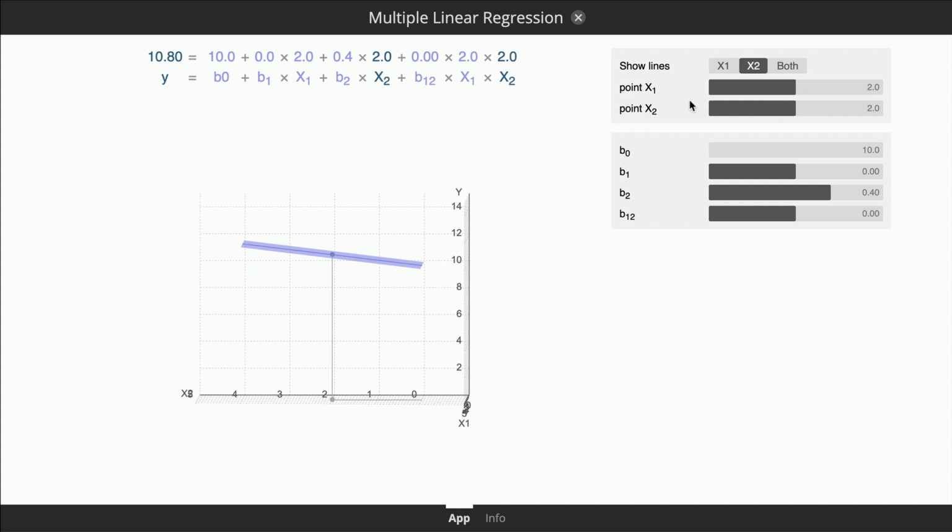What happens if I change x2 from 2 to 3? Let me do that. So let's remember that this is 10.8, right? Now I increase x2 by 1, so now it's 3. And then you can see that this is exactly 0.4 larger, and 0.4 is the regression coefficient for x2, right? So this is the contribution for x2. So it means that every time you change x2 by 1, your y value will change by this value.